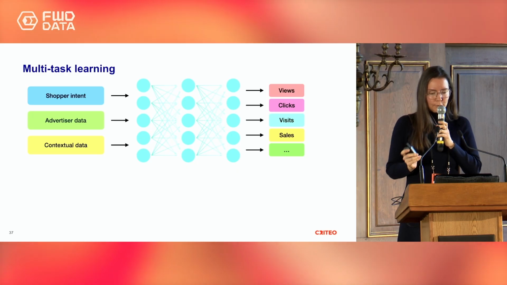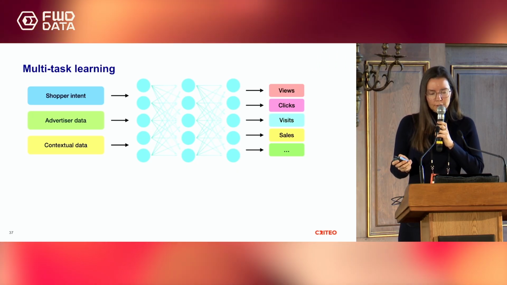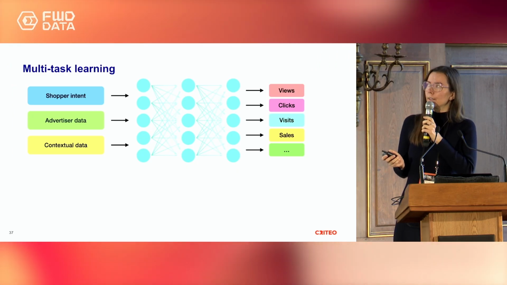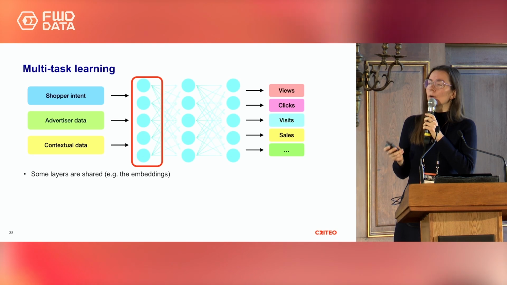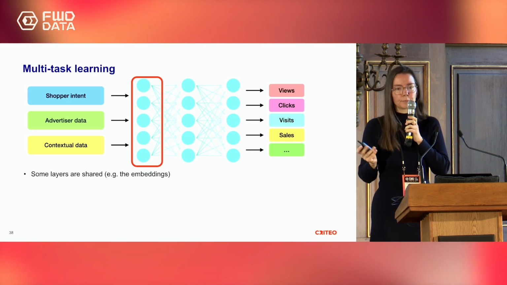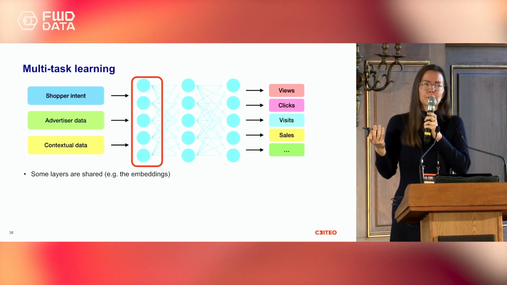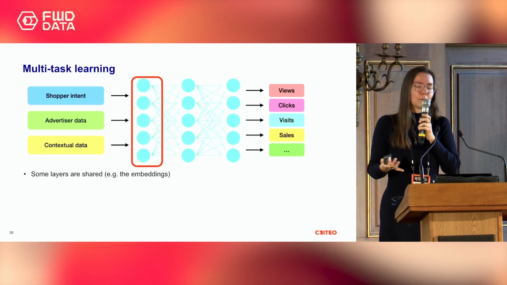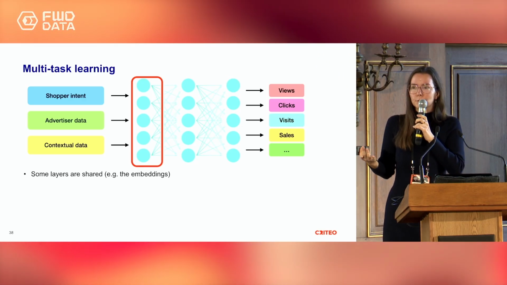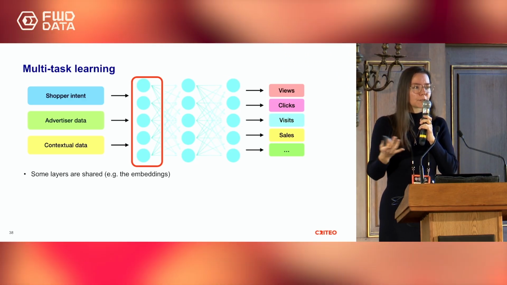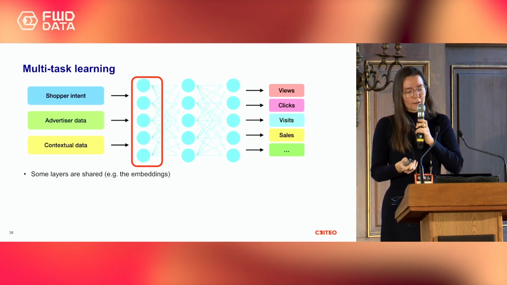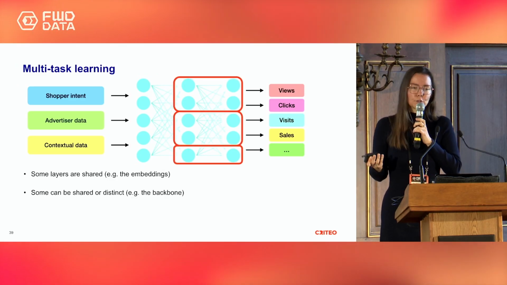Now, multitask learning. Multitask learning is a bit of a game changer for us, actually. Here, some of the layers are shared. Of course, the embedding layer is shared, because if you are not sharing the embedding layer, what are you sharing? You just end up with separate single task learning models. Then some of the layers are going to be distinct.